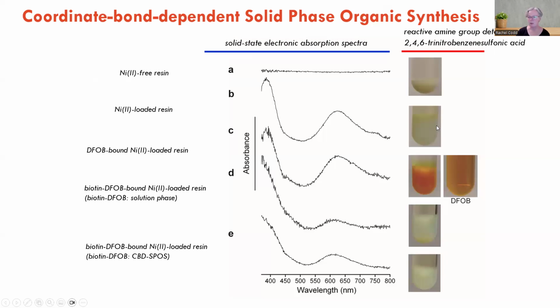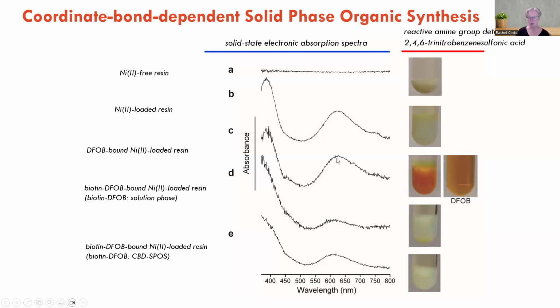The resin, when treated with the colorimetric agent, does not stain positive, which is consistent with the fact that there's no reactive primary amine present. What we did next was we loaded our desferrioxamine B to the nickel resin. So we've taken a half saturated nickel coordination sphere, and then we're introducing desferrioxamine B, which is then saturating that octahedral nickel coordination sphere with 3 hydroxamic acid units.